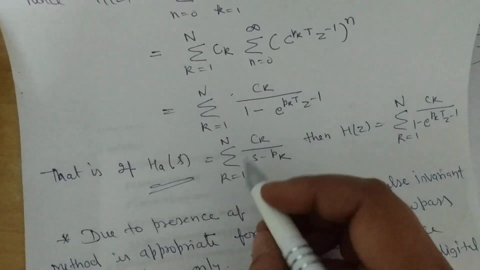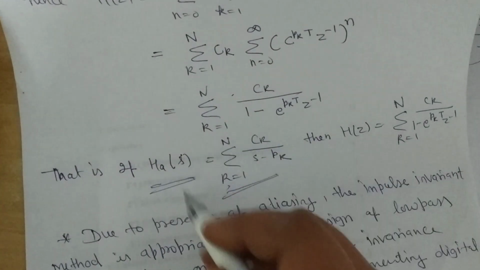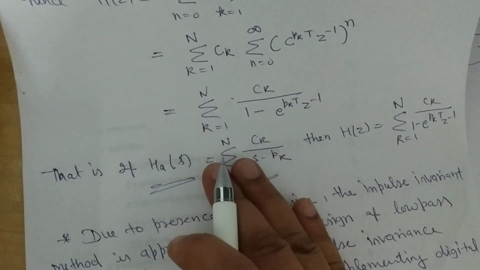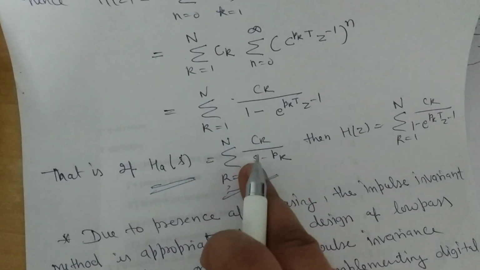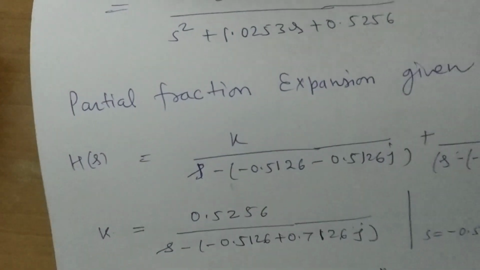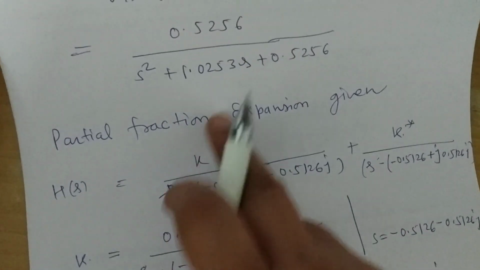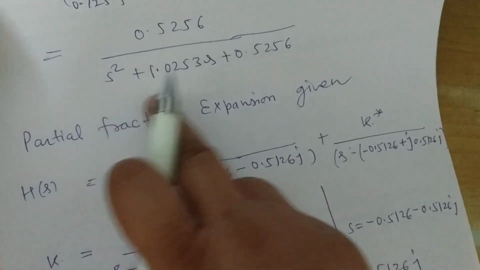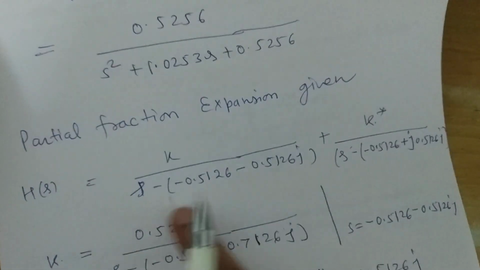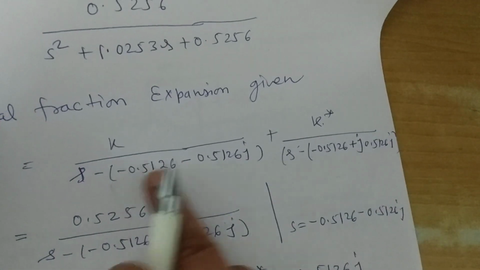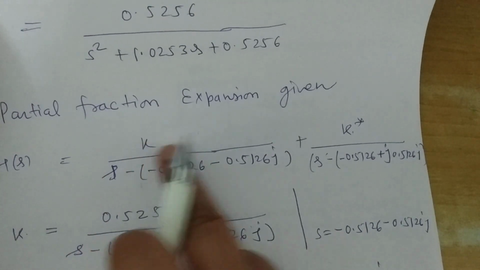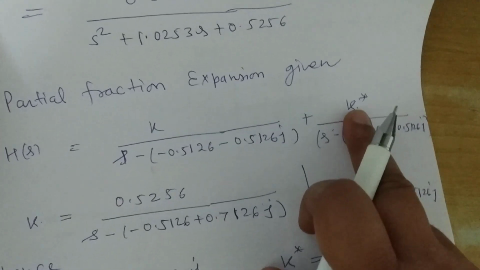So now we have to convert the desired response into this form. We have to take the partial fraction expansion because the denominator is a second order equation. This has two roots, which are complex conjugate roots. As we have seen, the partial fraction expansion will have numerical values in the numerator that will be complex conjugates.